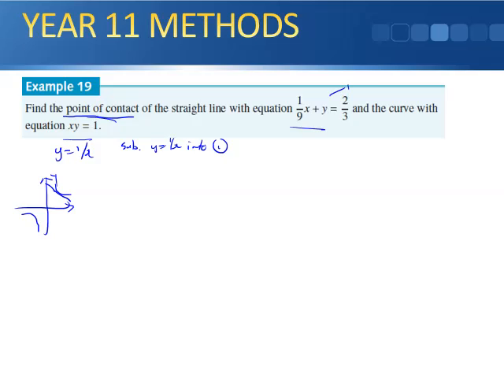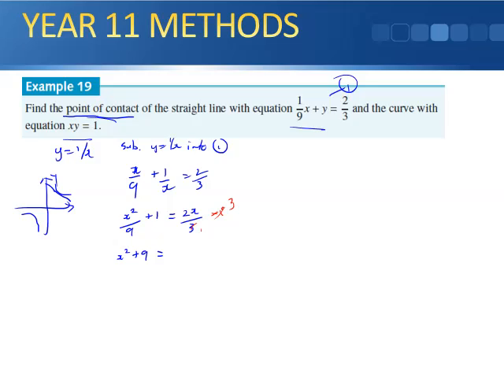I'll say sub y equals 1 on x into equation number 1, and I'll label this, that's number 1. So I get, I'll just write it as x on 9, y is 1 on x, equals 2/3. Okay, so if I times everything by x, I'm going to get x squared on 9 plus 1 equals 2x on 3.